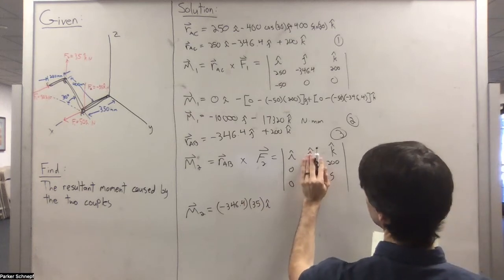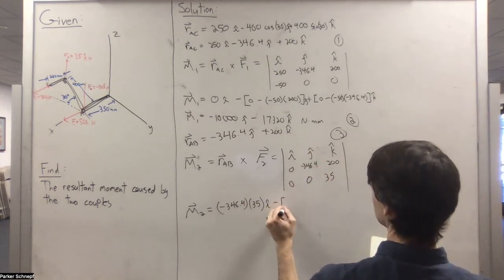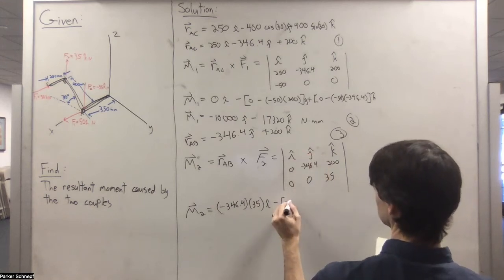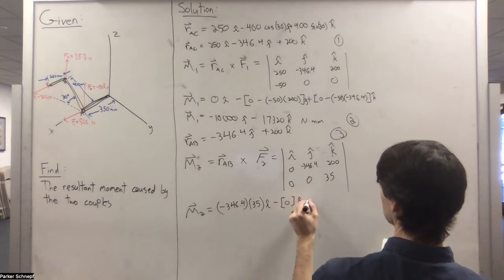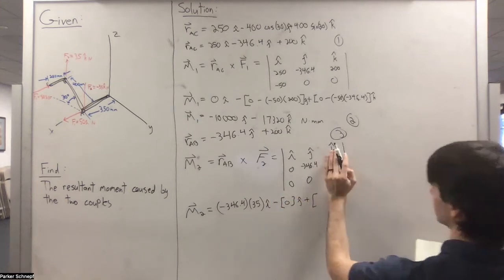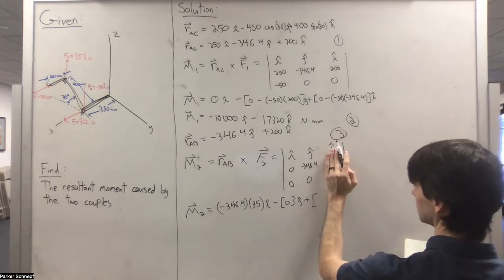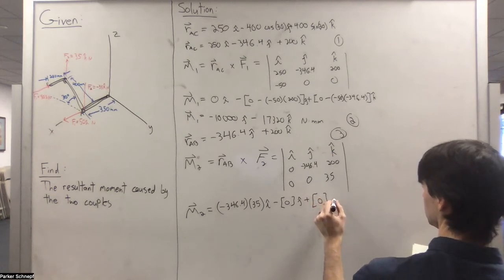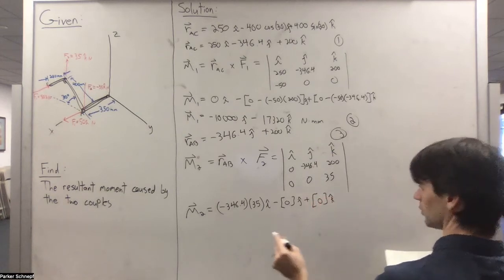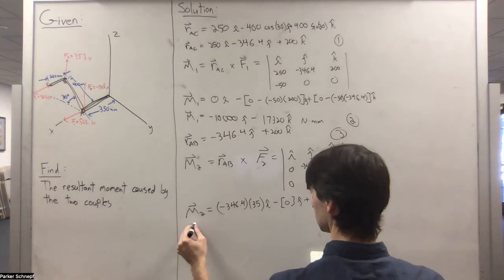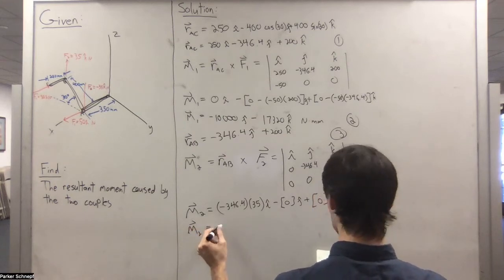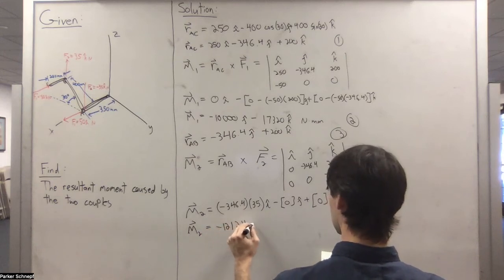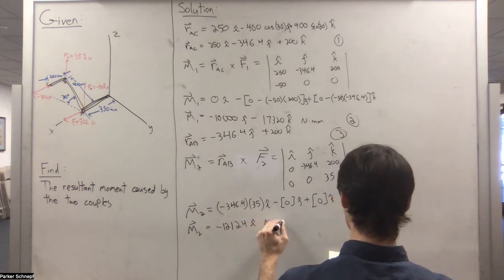For the j component, minus 0 times 0. And then for the k component, it's also 0 times 0, 0 plus 0. So we wind up with just a z component, 12,124 newton millimeters.